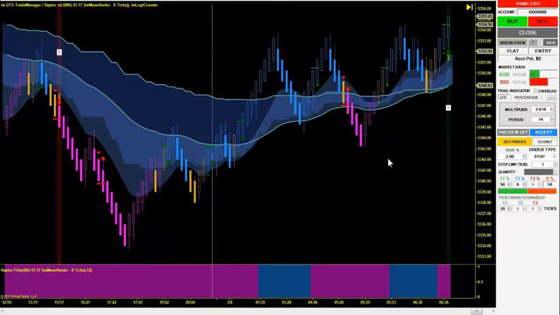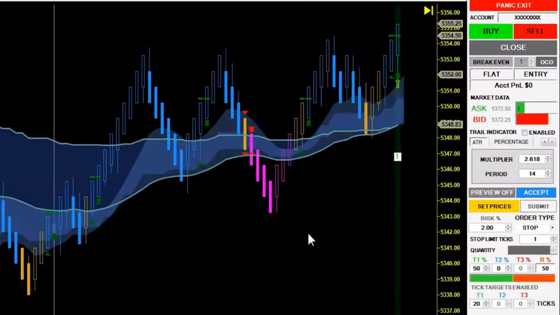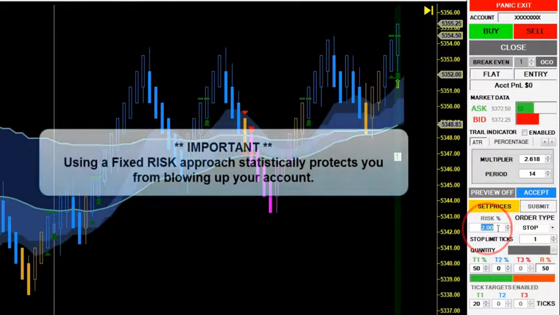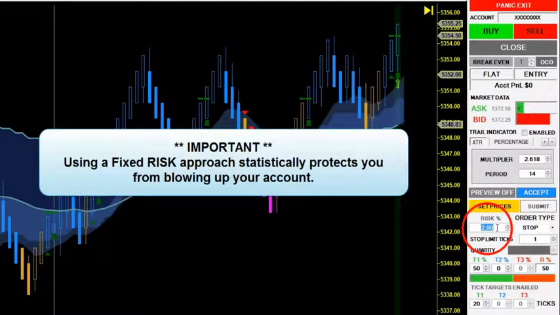Thanks, Adam. All right, so what the Trade Manager does is it does 2 things for you. First off, it keeps you from overexposing yourself in the market. It controls your capital, and it does so by limiting your risk to this value right here. So currently, by default, I have it set at 2% of my trading capital.